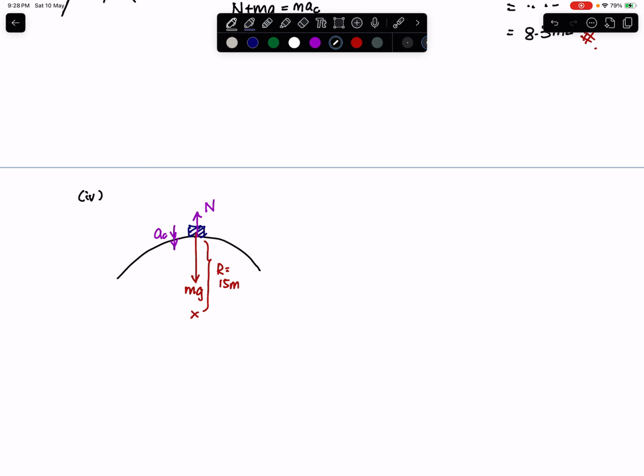So with this, we can now apply Newton's second law. By Newton's second law, mg minus N is going to provide for the centripetal acceleration. We are working with speeds here, so I'm going to use the form mv squared over r for the centripetal force.